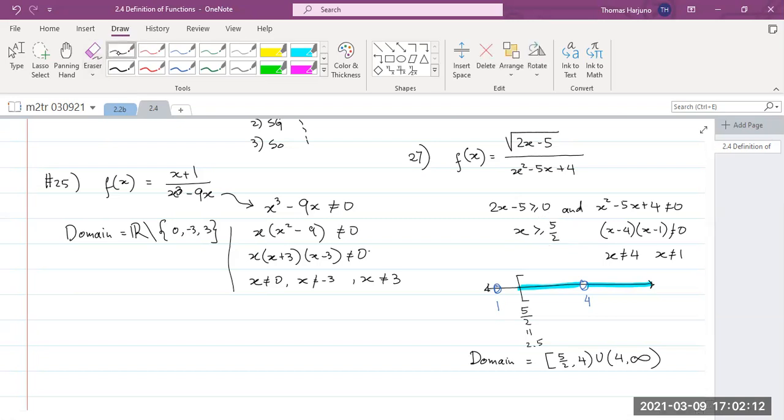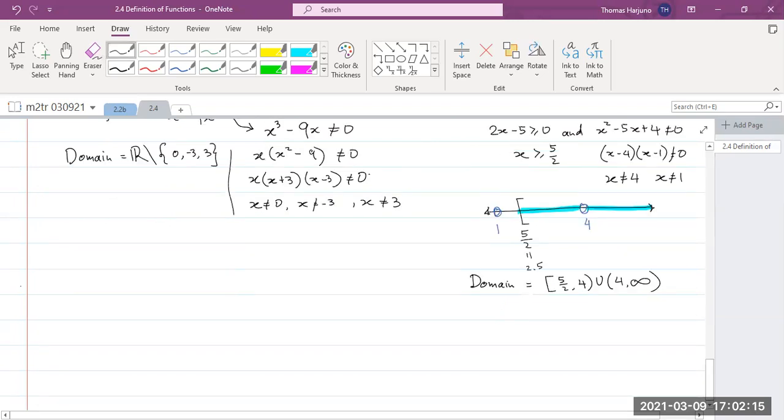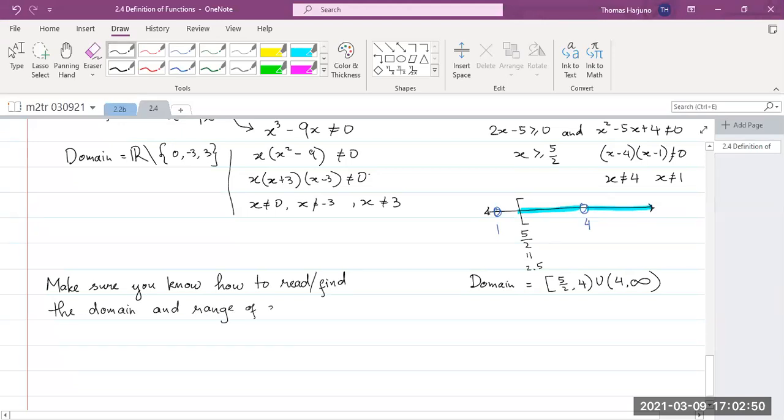Now, one thing you need to pay attention to, which I will not go over anymore, is make sure you know how to read or find the domain and range of a function or relation in general if given the graph.